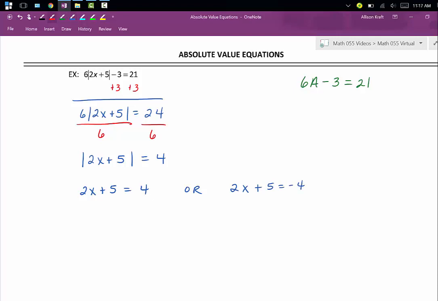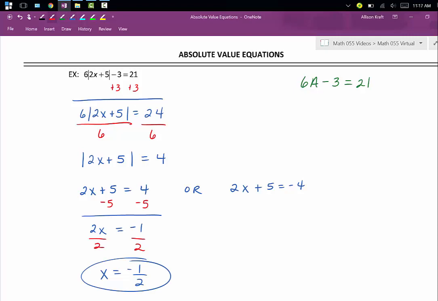And we solve these resulting equations. Subtracting 5 from both sides, we get 2x is equal to -1. Divide by 2. Our first solution is x equals -1/2.